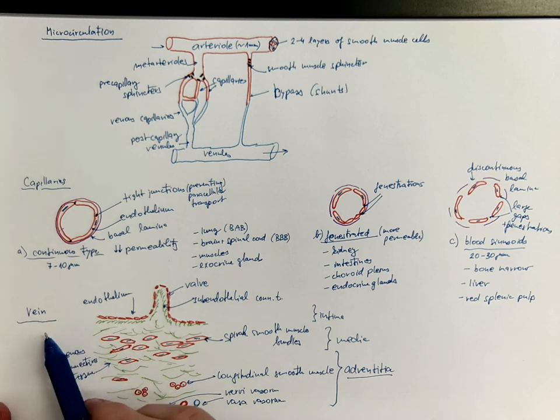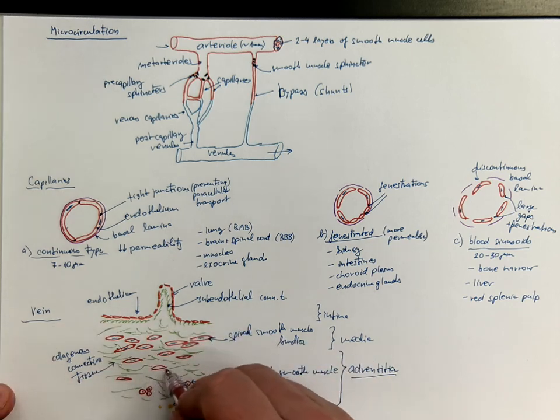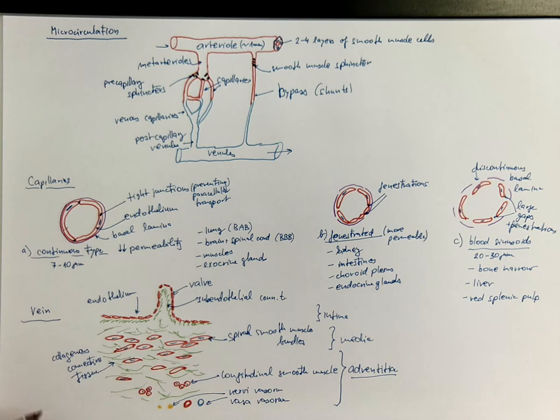Of course, there are many veins in the human body, and the veins are histologically highly variable. For example, the veins of the lower extremities, like the saphenous vein, are really muscular. They contain a significant fraction of smooth muscle. They carry the blood against gravity.